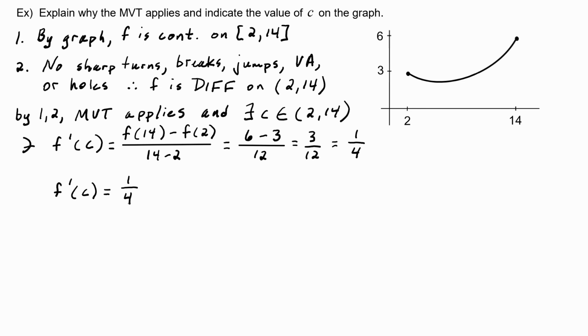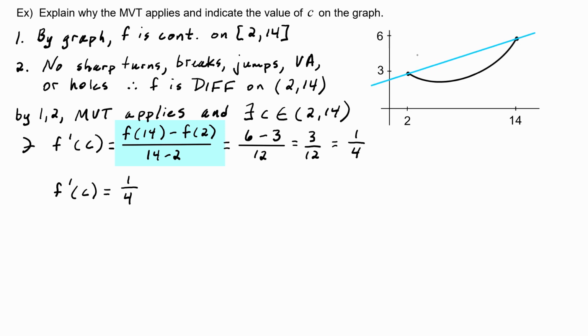Now notice when we do this calculation here, we're doing the y value at 14 minus the y value at 2 over the x value at 14 minus the x value at 2. So what we are doing is finding the slope of the secant line through these 2 points.